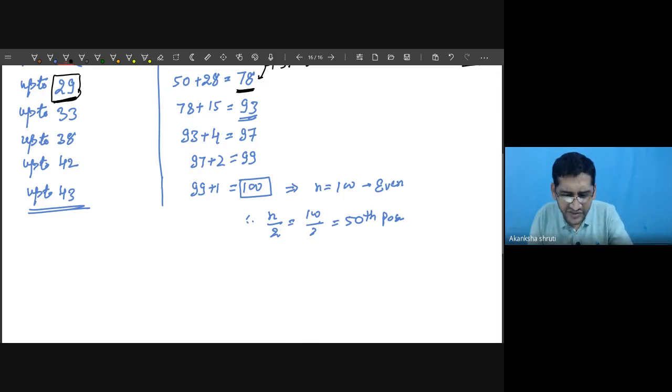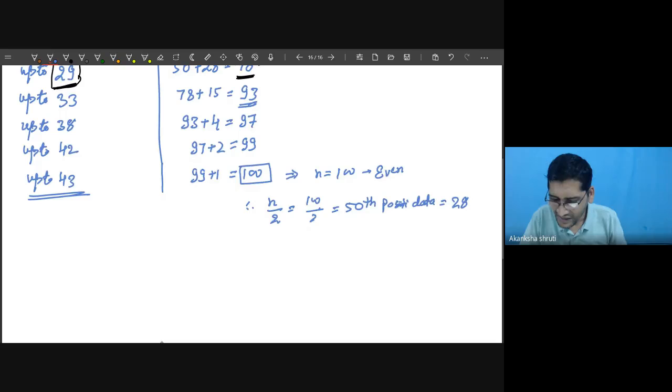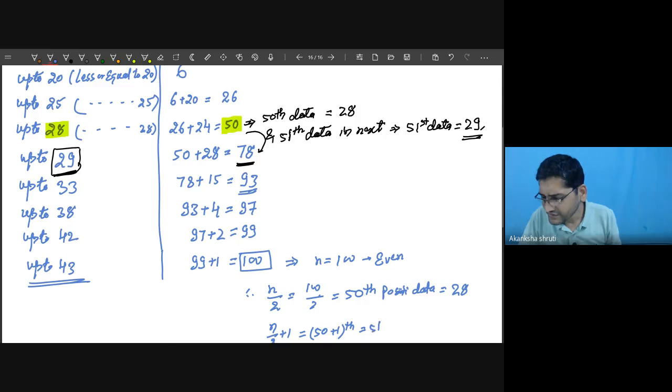Now write it here: the 50th position data, we have observed, is our 28. And n by 2 plus 1 means 50 plus 1, the 51st data. The 51st data I had explained right now, this is our 29.